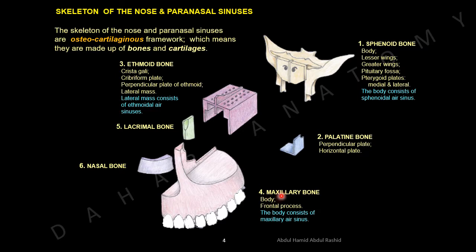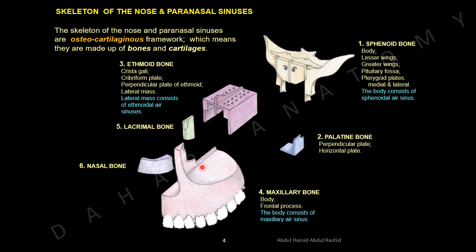Next is maxillary bone, a huge bone. This is the body of the maxilla. This process is called frontal process of the maxilla because it will articulate with another bone up there, the frontal bone. That's why it is called frontal process of the maxillary bone.